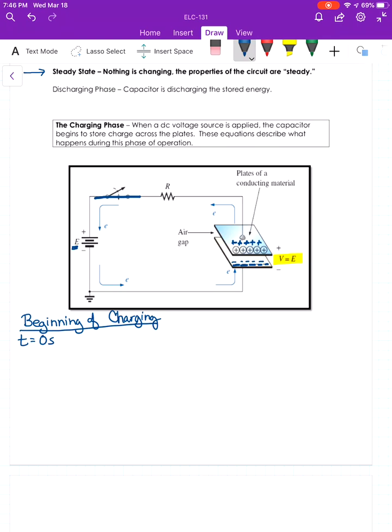Okay, it's going to change very quickly after that, but right at the point where we close the switch, here's kind of what the circuit looks like. We've got my voltage source there and my resistor, but the capacitor doesn't have any voltage stored across it at this point. So the V sub C, that's the voltage drop across the capacitor, at this point is 0.